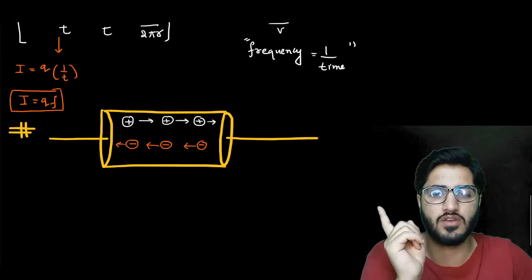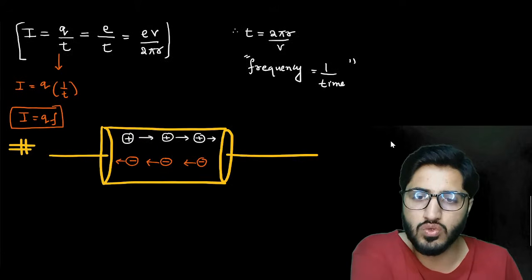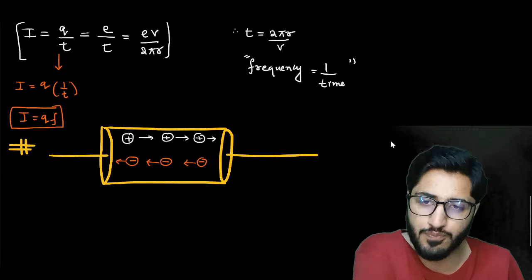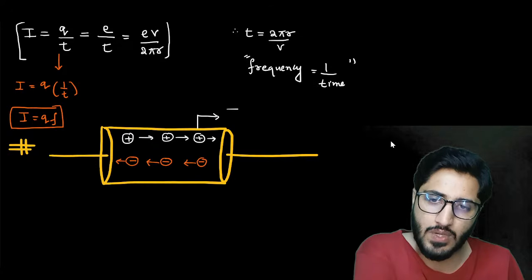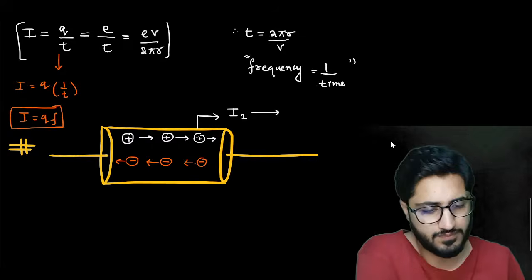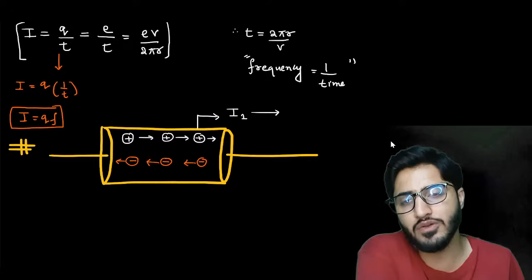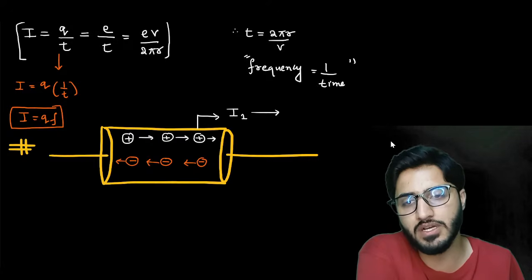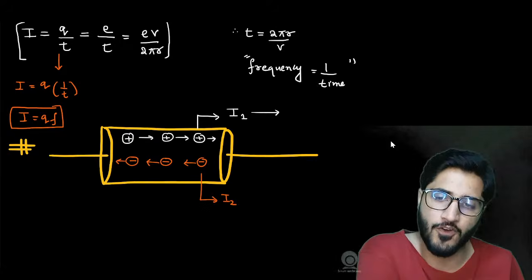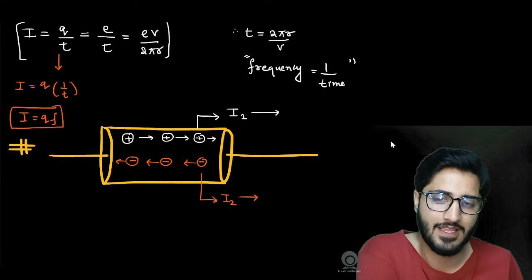If these positive charges are flowing, my current I1 will be flowing from left to right. Now my negative charge is flowing from right to left, due to which my current I2 will flow from left to right, opposite to it.